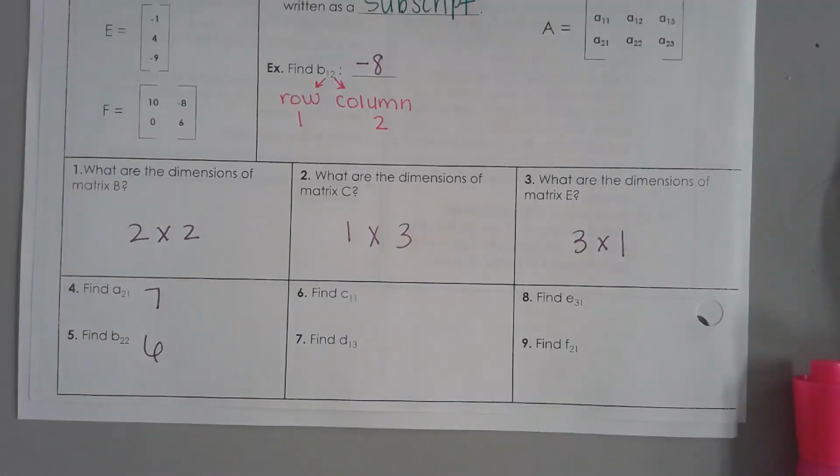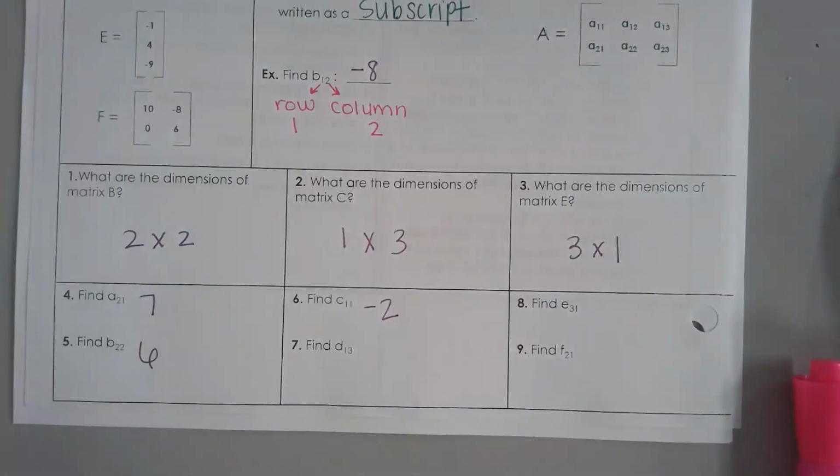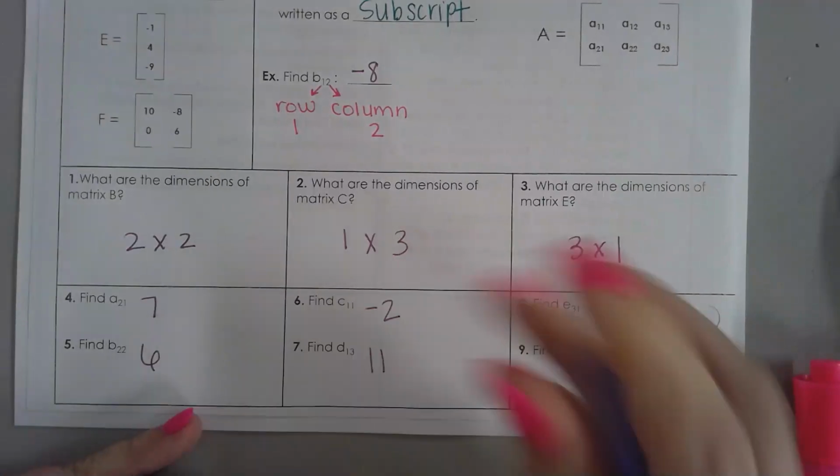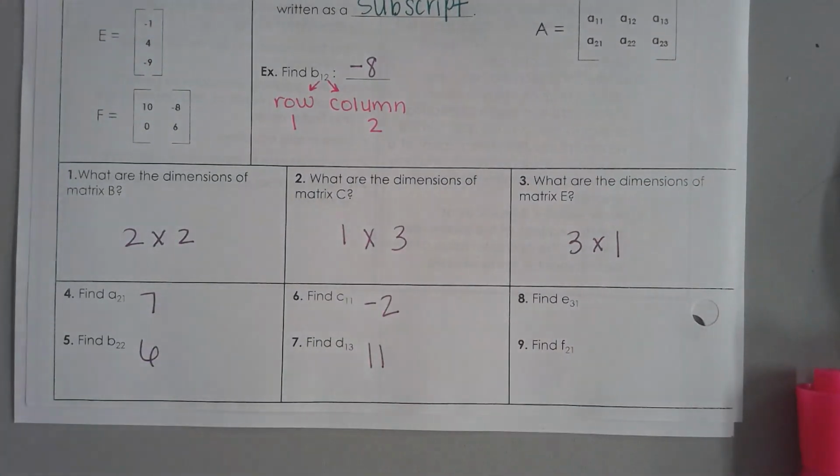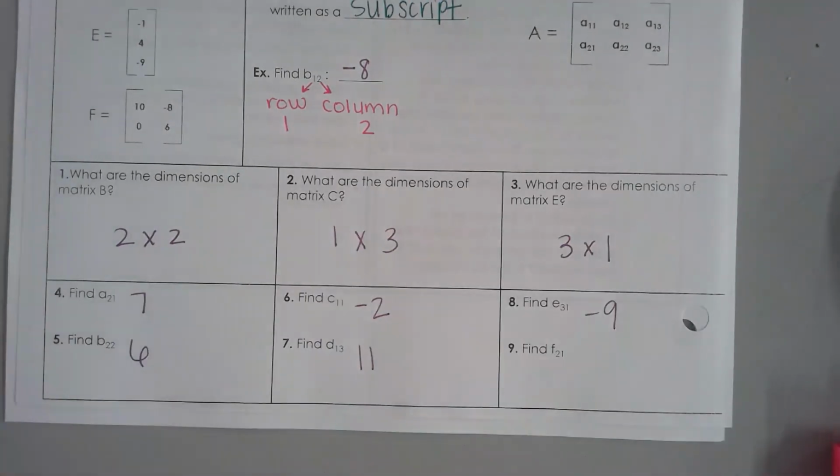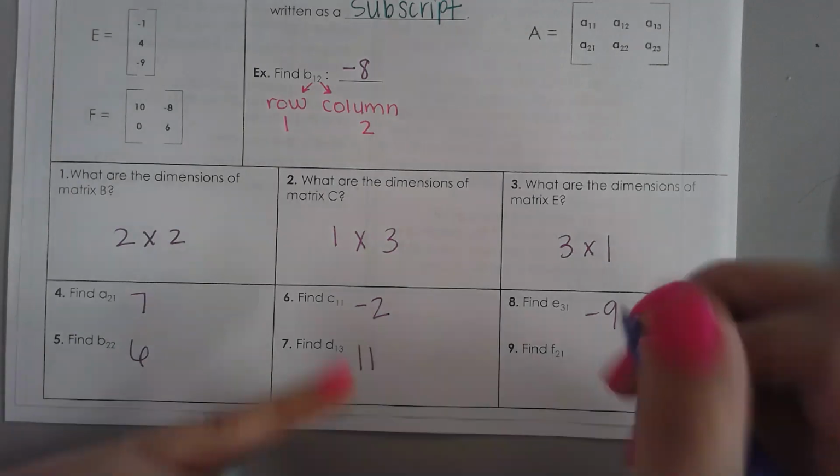Number 6, Jay. -3. Perfect. Number 7, Janae. 11. Number 8, Michael. -9. And number 9, Aiden. 0. Correct. Very good.